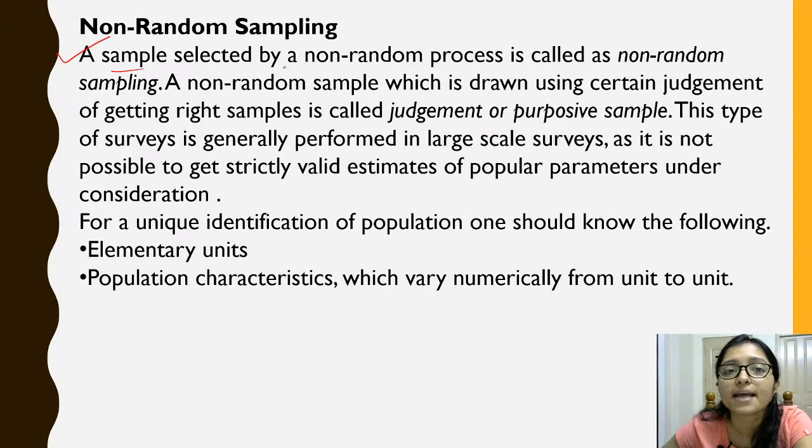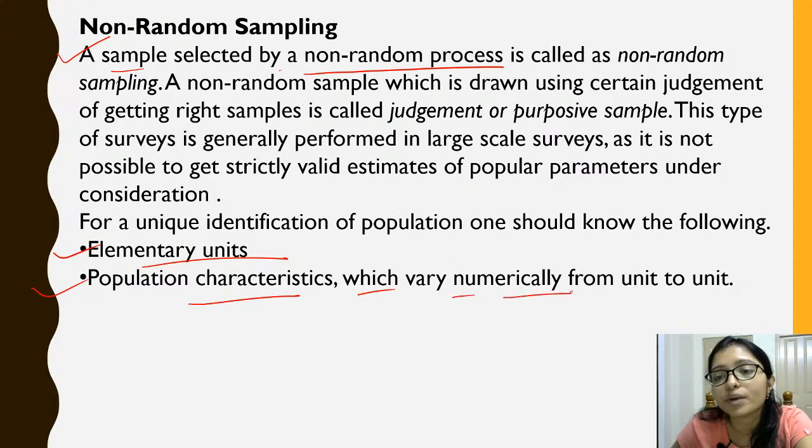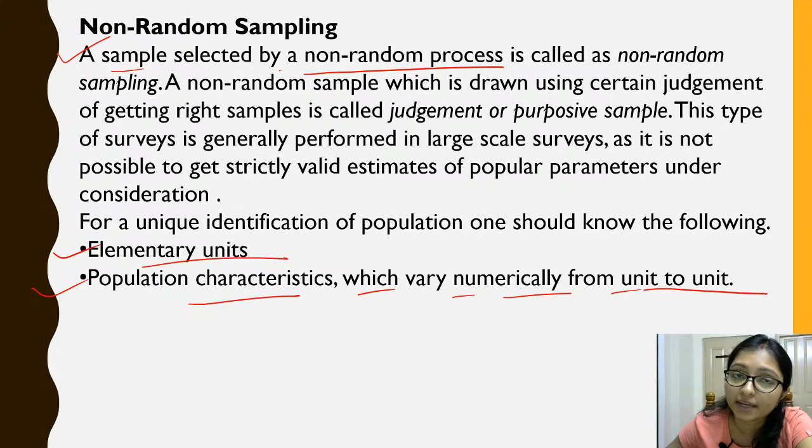Non-random means a sample selected by a non-randomized process, where you are choosing anyone. Here the elementary units have population characteristics which vary numerically from unit to unit, meaning there is nothing as per probability.